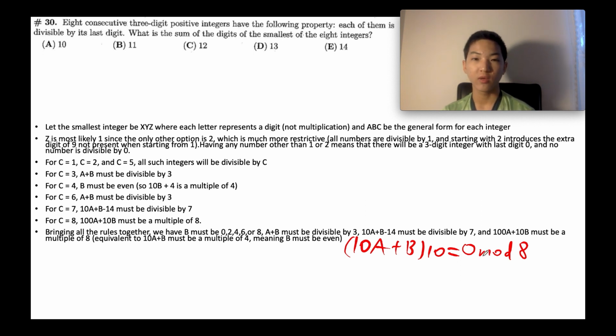Modulus just means the remainder for division by 8. Essentially, 10 is 2 times 5. In order for this to be a multiple of 8, 10a plus b must be a multiple of 4. So let's say we have 4 times n, then that creates 8n times 5. So we just need 10a plus b to be a multiple of 4, since these will be multiplied by 2 anyway by the 10.